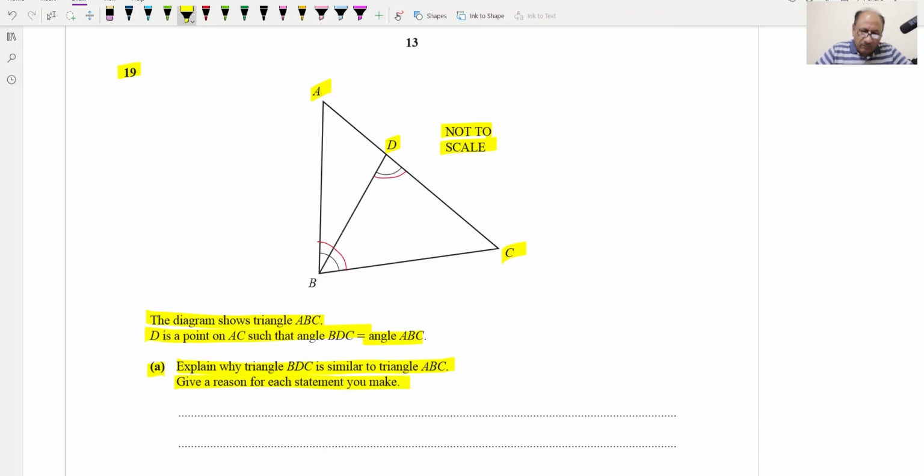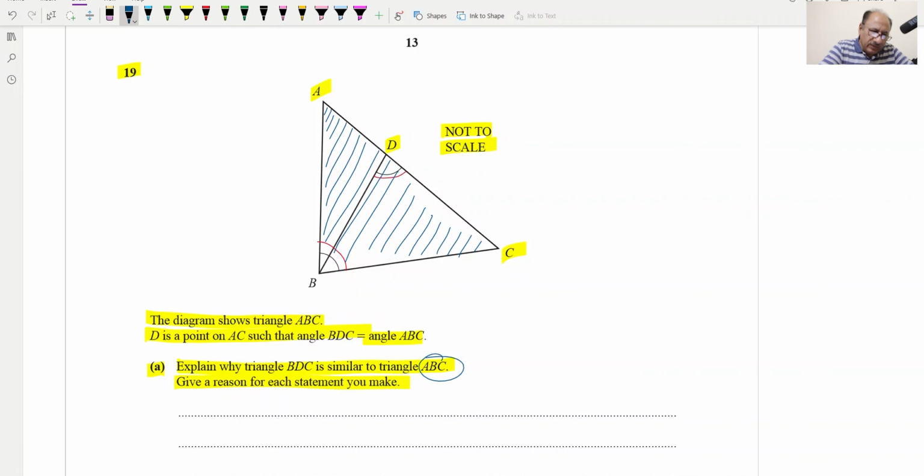So first of all, these are basically two triangles which we need to understand and compare. So one triangle is ABC, and ABC is the bigger triangle. If I shade ABC, this whole bigger triangle, which we have to prove is similar to the smaller triangle, and the smaller triangle we can shade like this one.